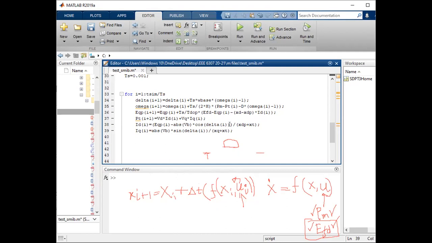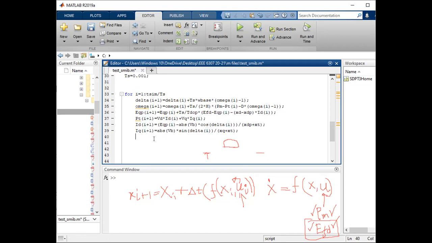So that is IQ. So we are still left with VD and VQ. Now, sorry, this should actually be i plus 1, because i we are taking as the initial value of all the variables. The first value is taken as the ith value, and the (i plus 1)th value we are actually calculating with the help of the ith values here.